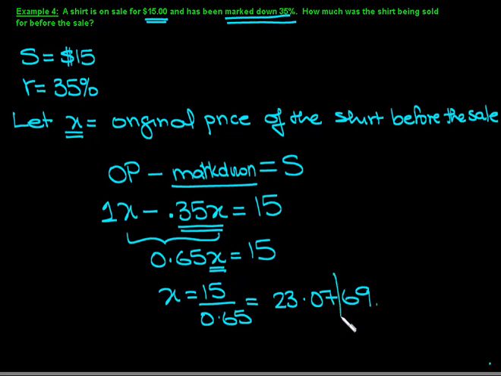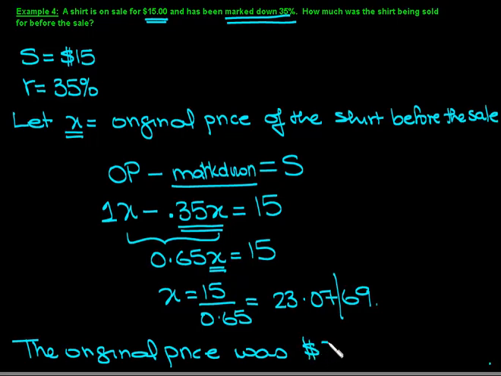Okay, so we'll round off right there. This is bigger than 5, so we'll round up the 7. So the original price was $23.08. So that was the original price of that shirt.